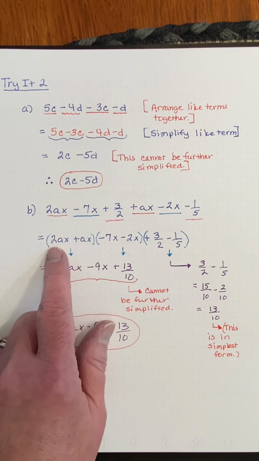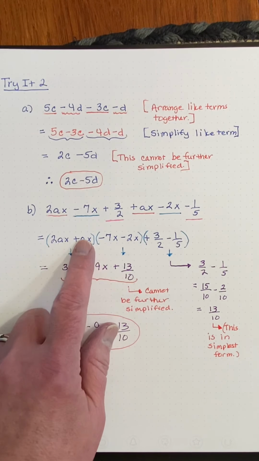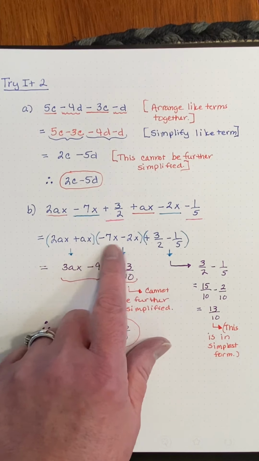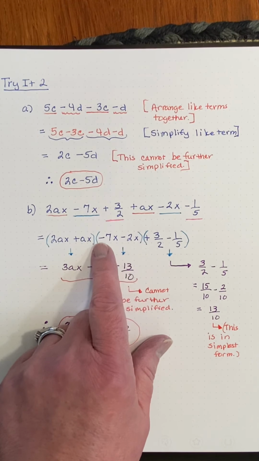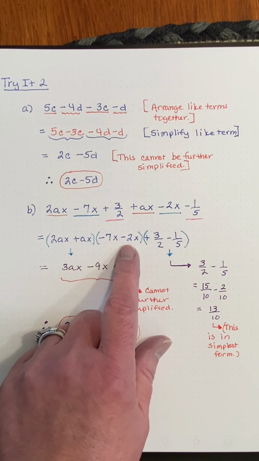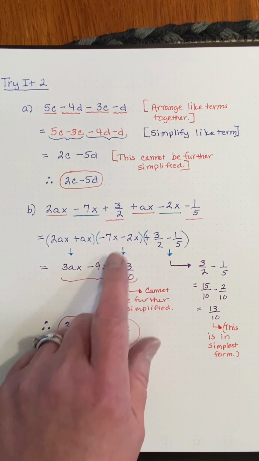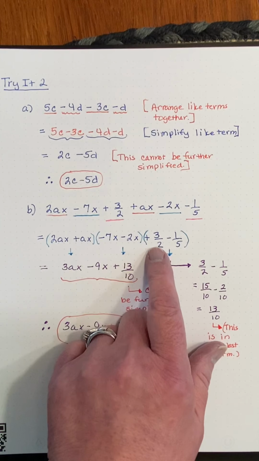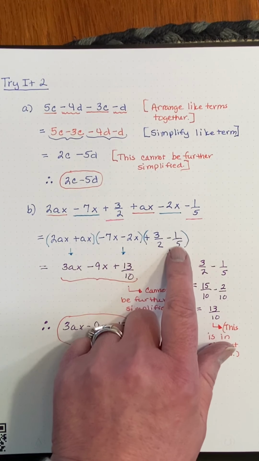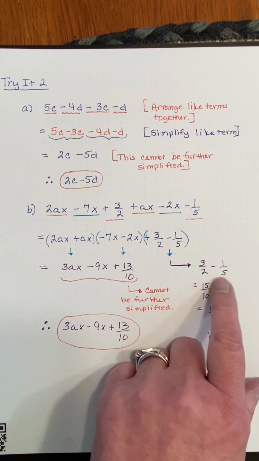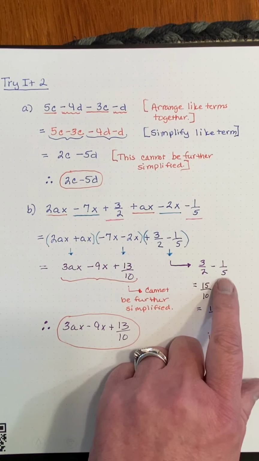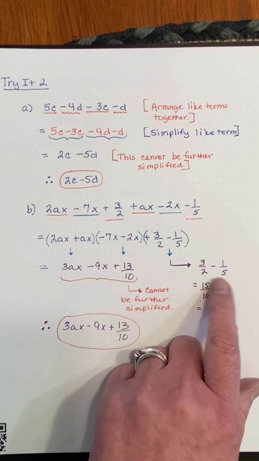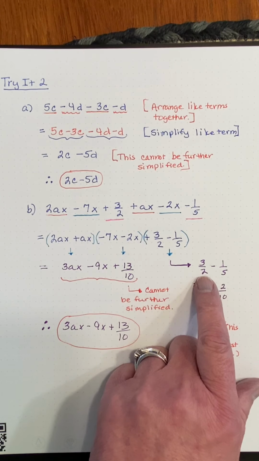So again, 2ax plus ax, same as 1ax, is 3ax. I'm combining my two negatives. So a negative 7x and a negative 2x is a negative 9x. And then I have a positive 3/2 minus 1/5. Remember, when I have denominators, I have to have common denominators.